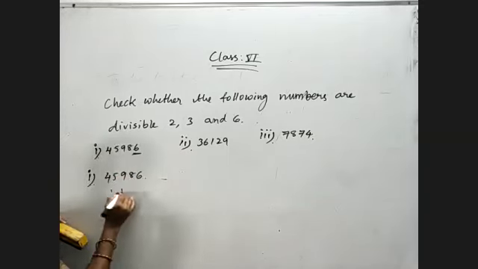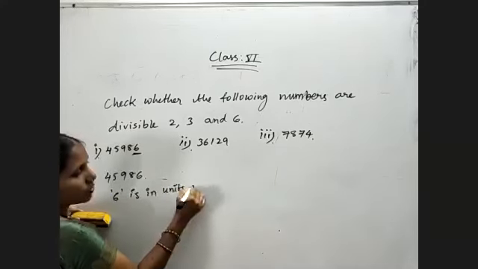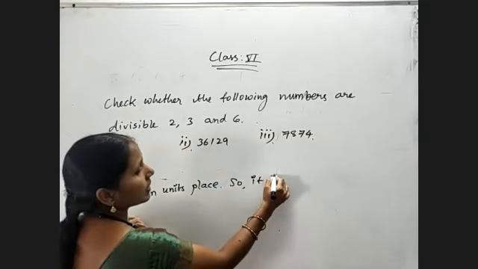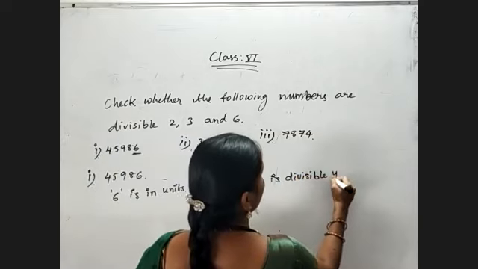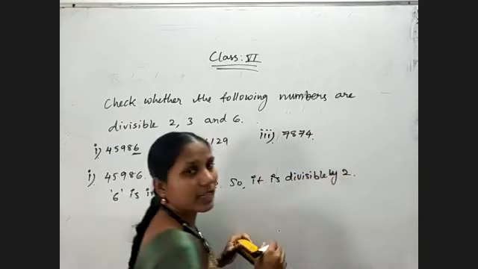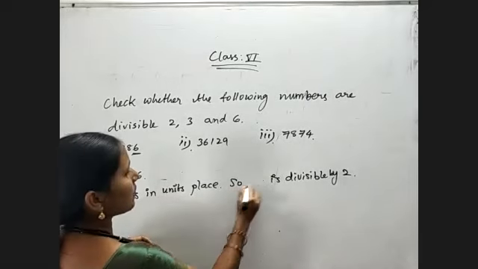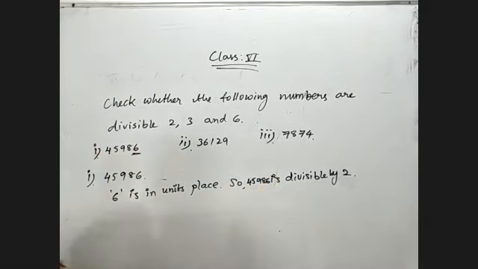Since 6 is in the unit place, it is divisible by 2. No need to write the reason, but I am writing it for your understanding. 45,986 is divisible by 2.